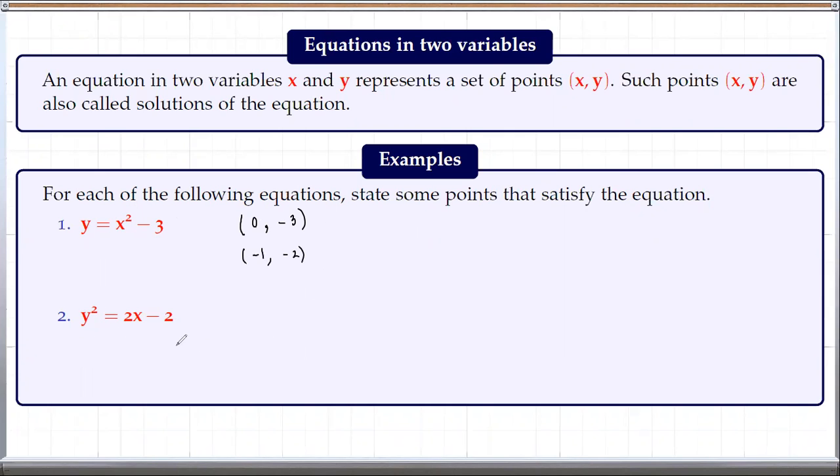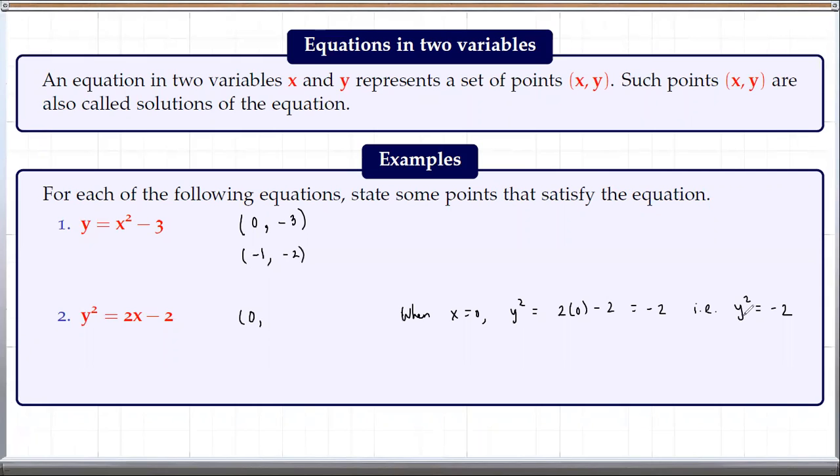Next, we have this equation here, y squared equals 2x minus 2. We can do the same thing here. So when x equals 0, we have y squared equals 2 times 0 minus 2, which is negative 2. So we want to solve y squared equals negative 2.